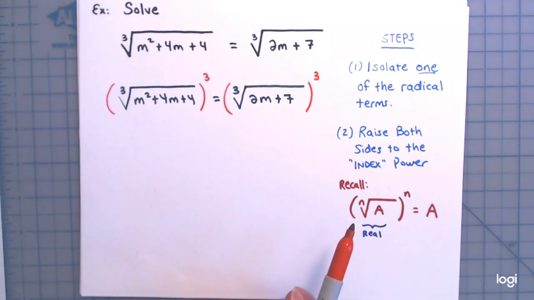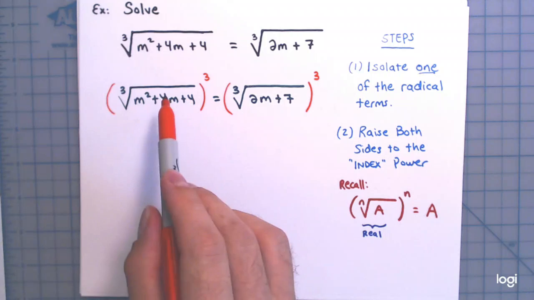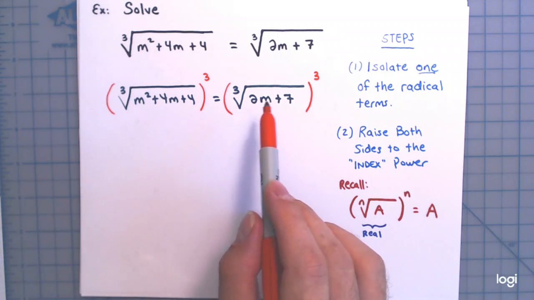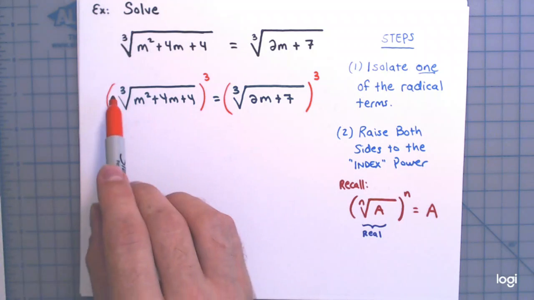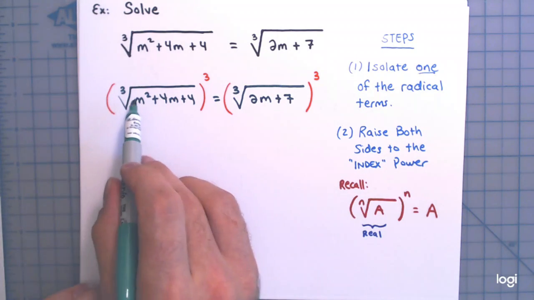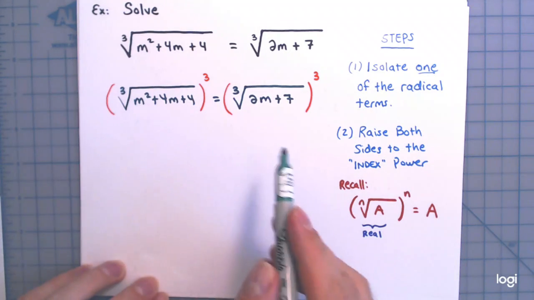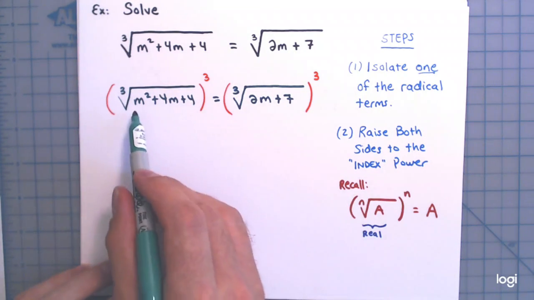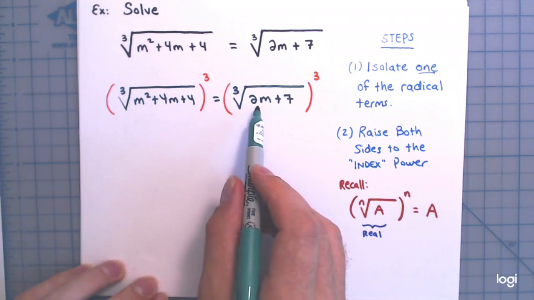Because it's a radical by itself equals another radical by itself, and they're both cube roots, and I'm raising them to the third power, the radical and the power undo one another, and I'm left with the radicands on both sides.